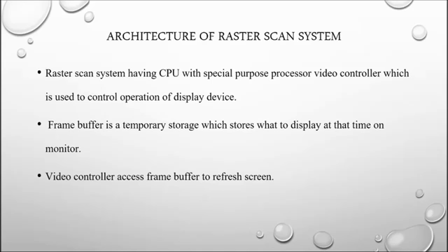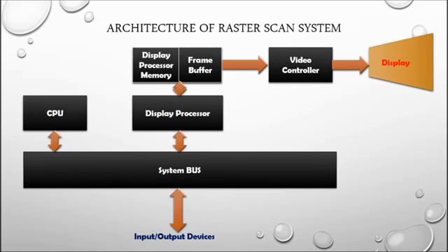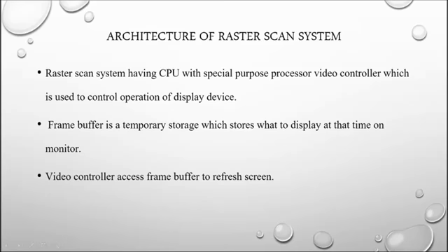Now, what is the architecture of a raster scan system? This is the architecture of a raster scan system, which has a system bus and input-output devices. Then it has display processor memory, frame buffer, and video controller, as well as the CPU. In a raster scan system, we have a CPU with a special purpose processor called the video controller.